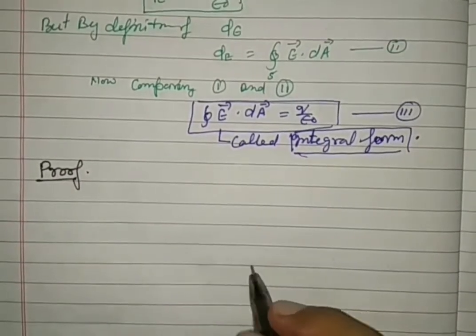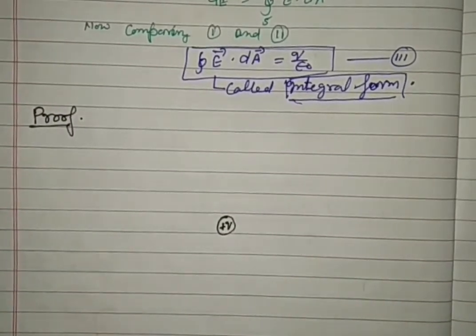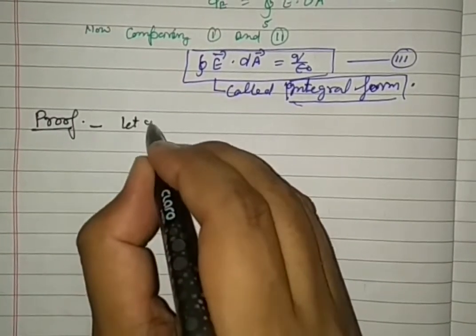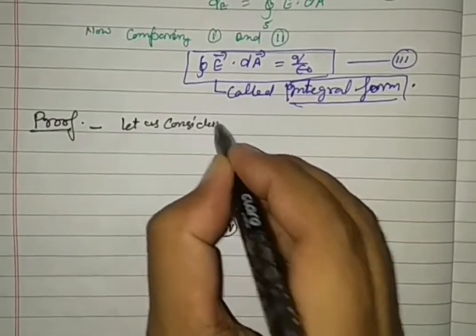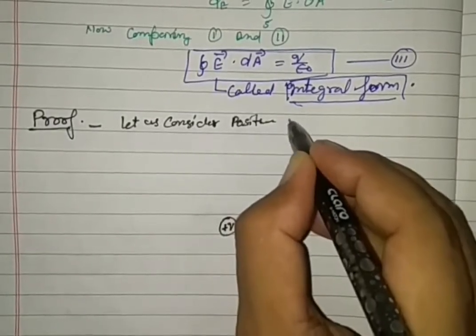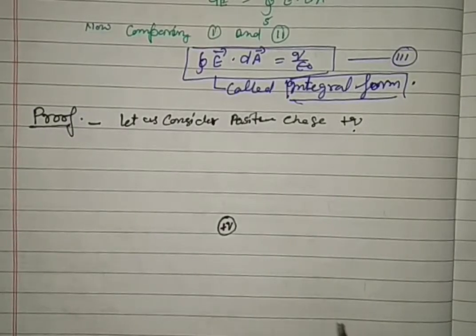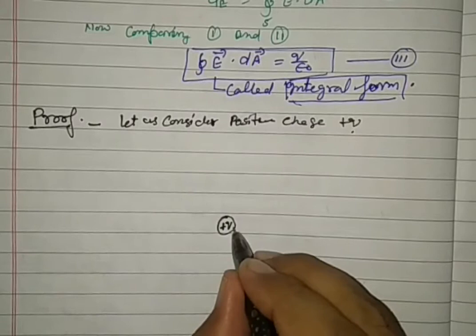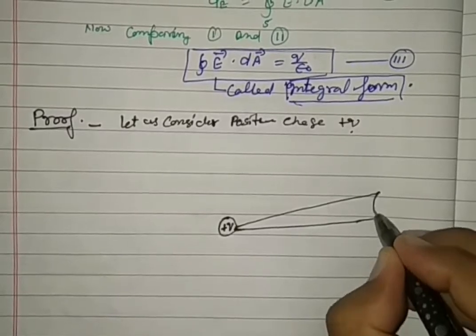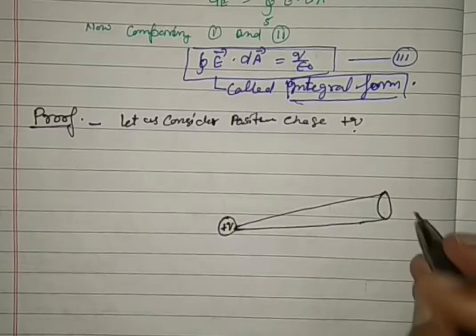To prove the Gauss theorem, let us consider a positive charge Q. Here, let us consider a positive charge plus Q. Here in this diagram, at point P of this charge, we are going to see its intensity, right?